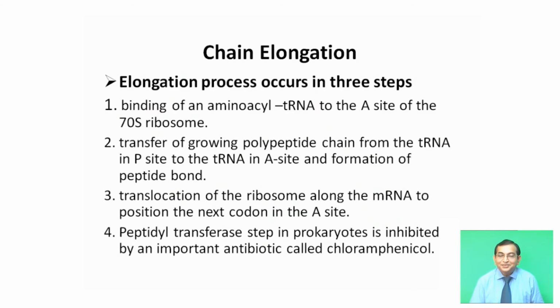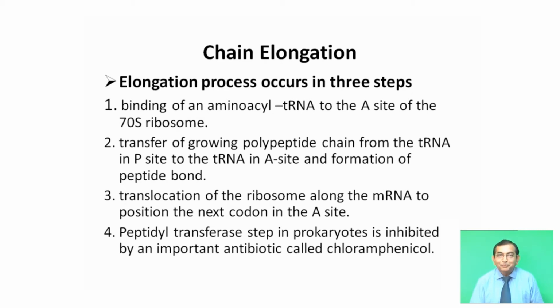We can summarize this chain elongation process as follows. In the first step, an aminoacyl tRNA binds to the A site of the 70S ribosome. Then, transfer of the growing polypeptide chain from the tRNA in the P site to the tRNA in the A site, and formation of a peptide bond by peptidyl transferase.